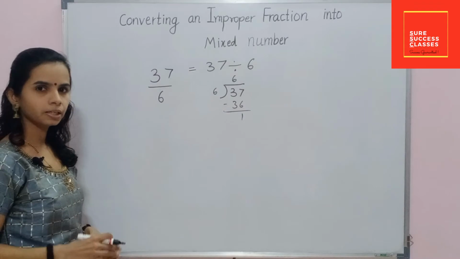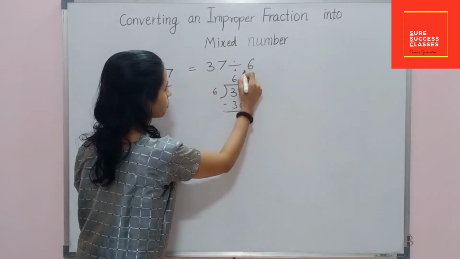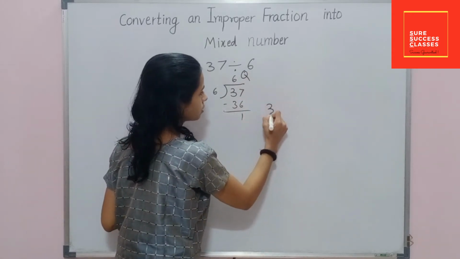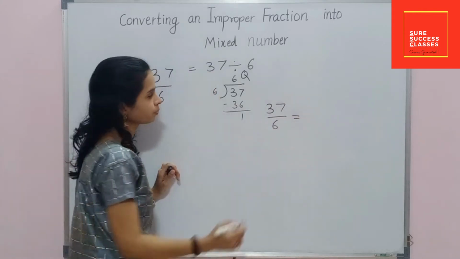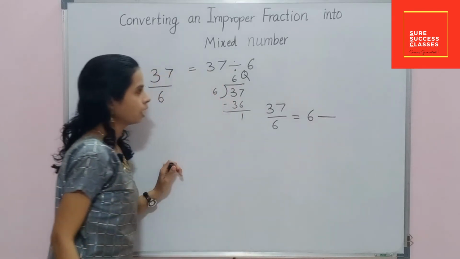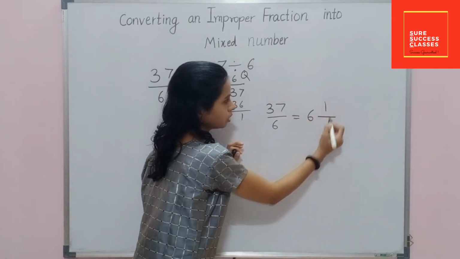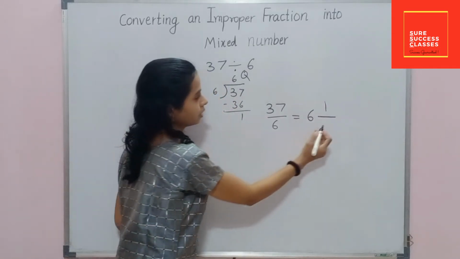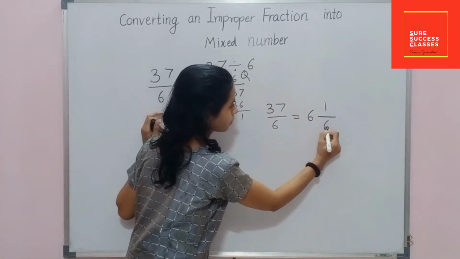So when we write the mixed fraction, at that time this quotient is whole part, means 37 divided by 6 is equal to, here quotient is whole part of mixed number and this remainder will appear over the denominator of this mixed fraction and we will write this denominator as it is.